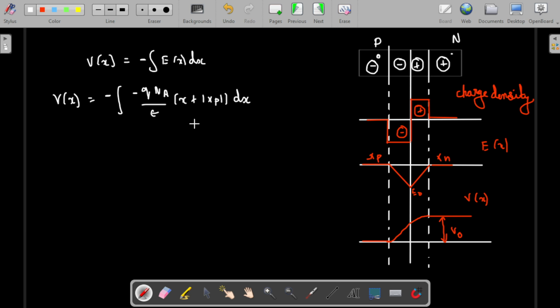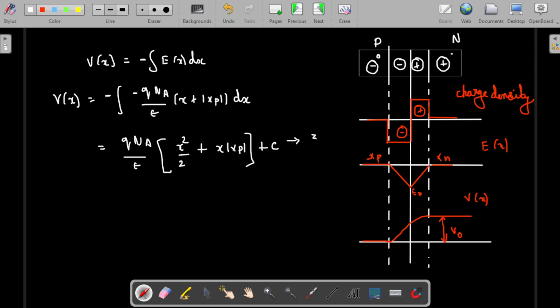If you integrate it, x plus xp both depend on x, so we will get some terms here. Q Na by epsilon is constant, so let me take it outside. This will be x squared by 2, plus x xp, plus C. A constant will be added here.